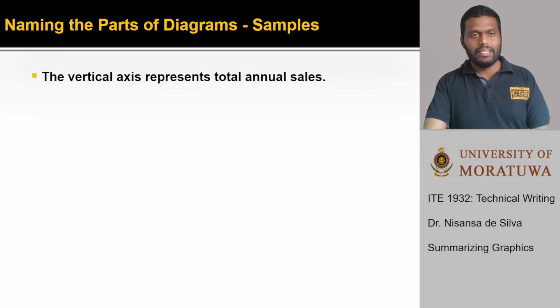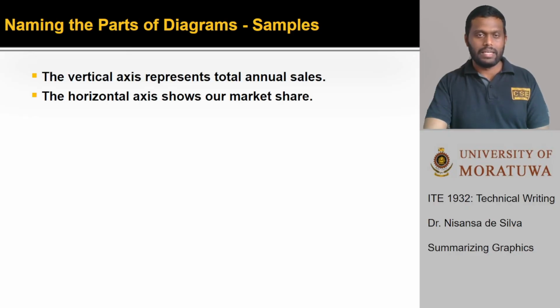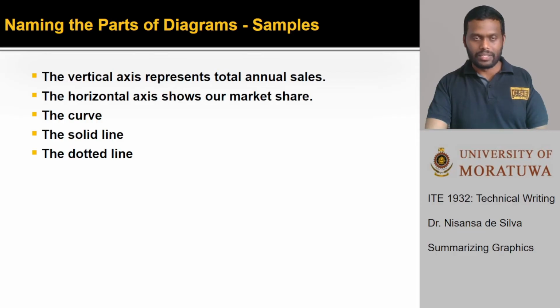Now, let's see how you name parts of diagrams. The vertical axis represents total annual sales. The horizontal axis shows our market share, or the horizontal axis shows time in years. If there is a curve, you can say the curve, the solid line, the dotted line, the broken line.